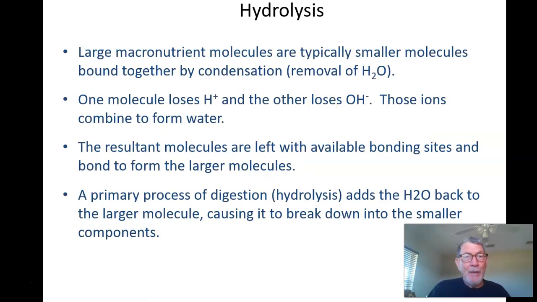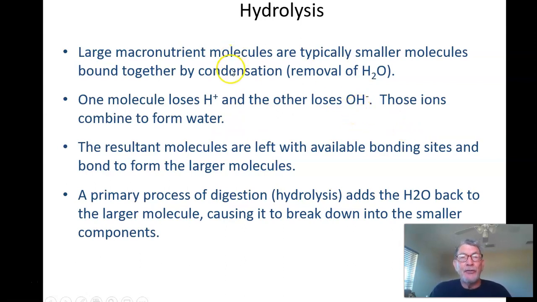The primary mechanism we use is what's called hydrolysis. With hydrolysis, you break a large molecule down by adding hydrogen to one side and OH to the other side. That's H2O. So when you add water, you break the molecule in half, or you break off a piece of it.